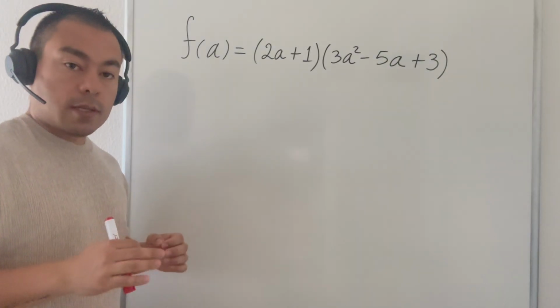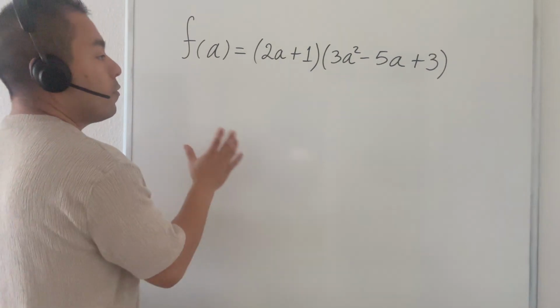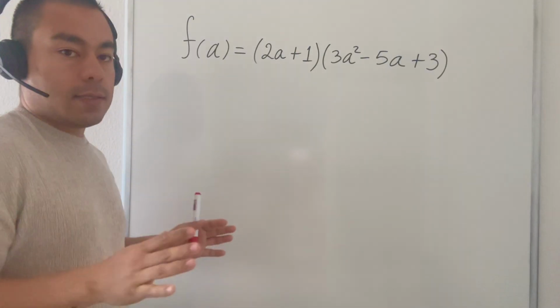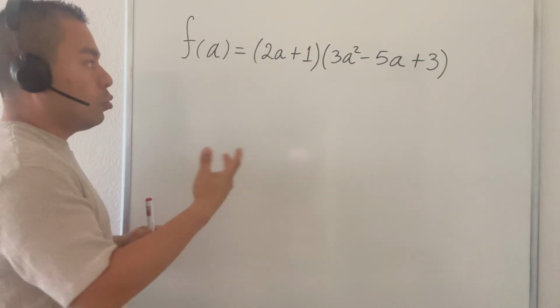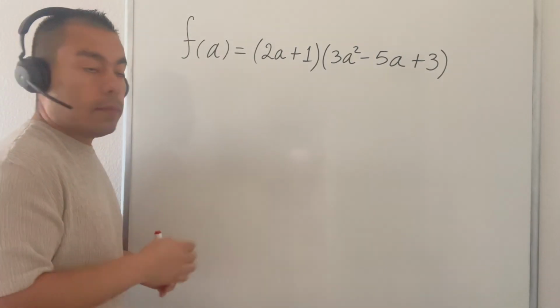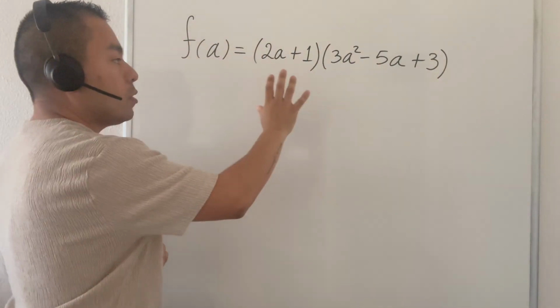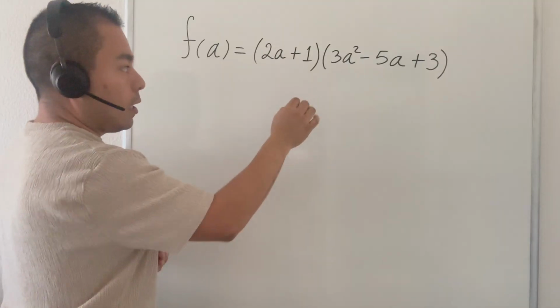For a second exercise, we have this expression in terms of a. If you observe, in this case, we have a binomial multiplying a trinomial. The procedure is exactly the same, but in this case, we need to do it 2 times, okay? Why? Because we have 2 terms here and 3 terms here. This means that we need to multiply term by term 6 times.